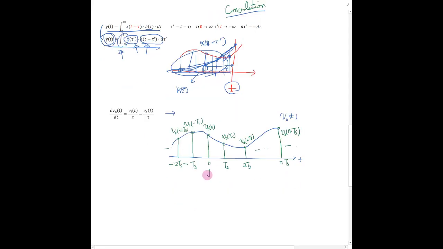It means that time 0 is index 0, 1Ts is index 1, 2Ts is index 2, and so on, the nth sample is n, and then minus 1 and minus 2. Similarly, vo(0) is vo[0] in the sequence, and vo(Ts) is vo[1]. Okay, this is 2Ts.